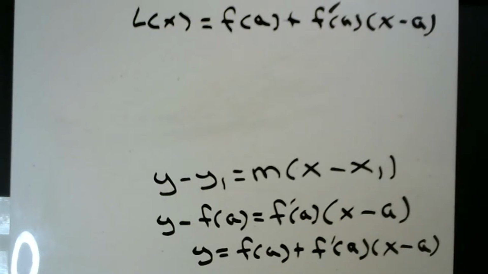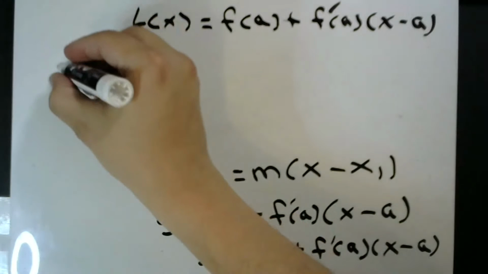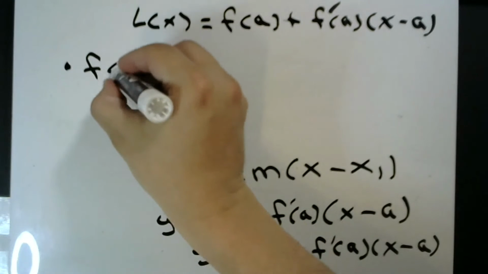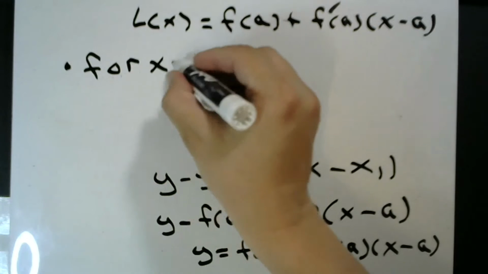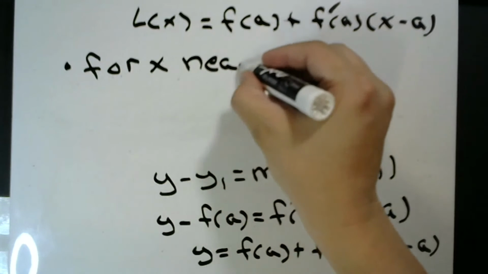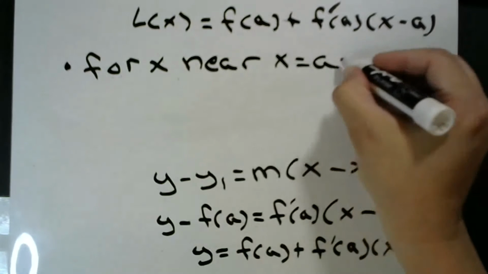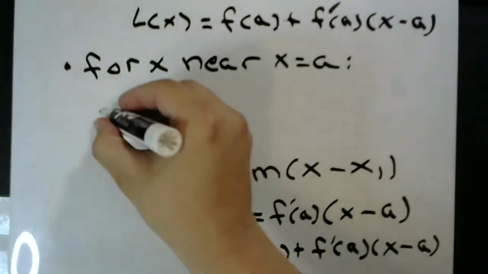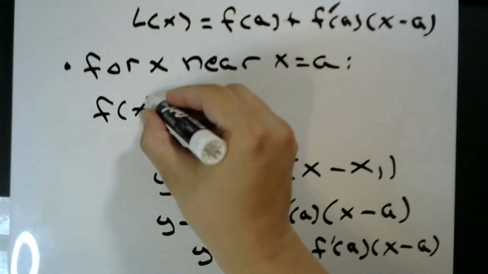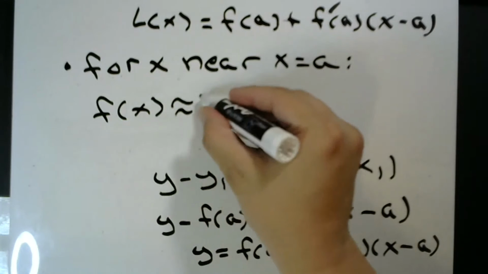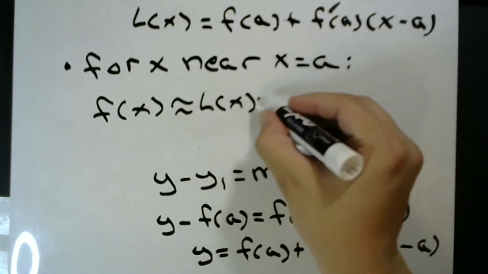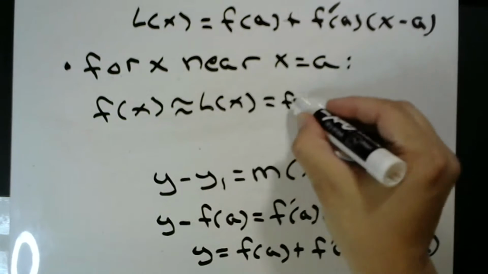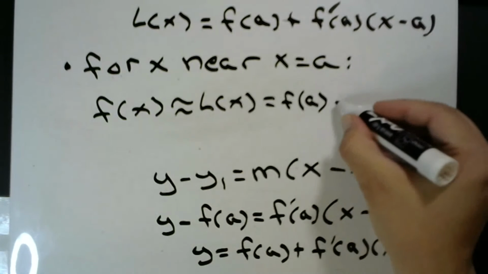So again, remember, L of x is tangent to f of x at x equals a. And what this is saying is, for x near x equals a, f of x is approximately, it's close enough to L of x, which is, well, now we know what L of x is.